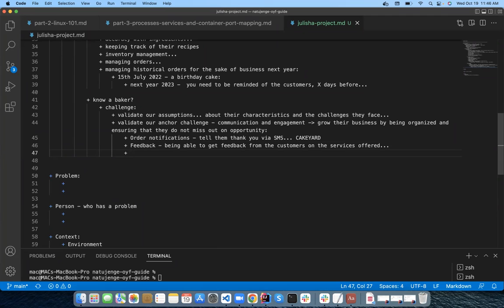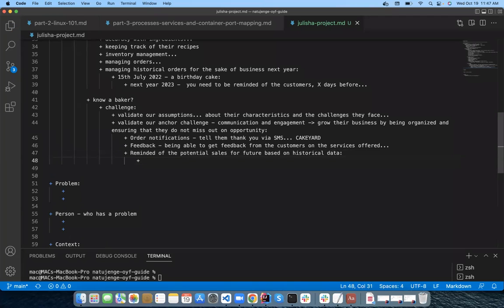Then there is also, they would love to be reminded of potential sales for next year based on the historical data. For the future, based on historical data.